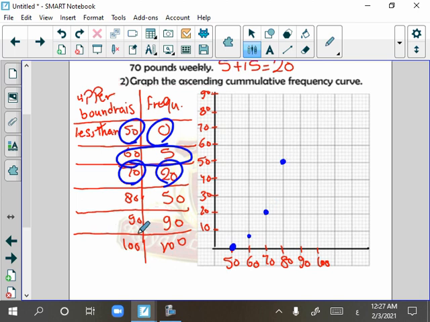And 90 was 90, it will be here. And then we will draw our ascending cumulative frequency curve. Okay, let's go to another question.